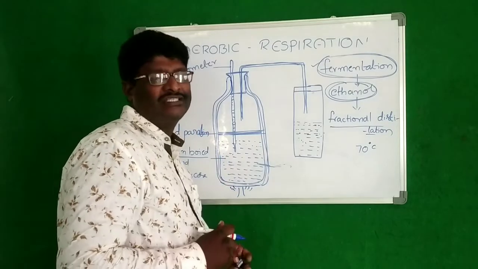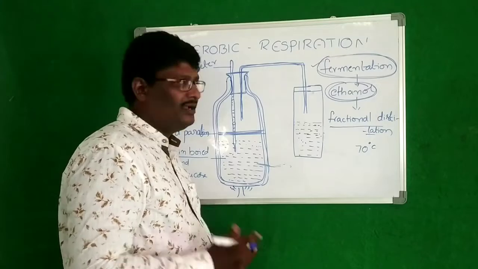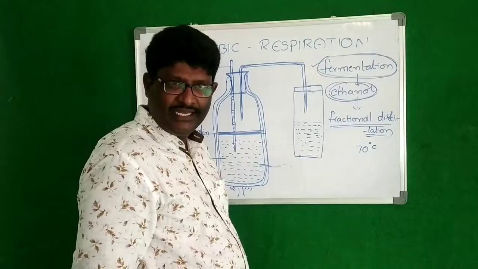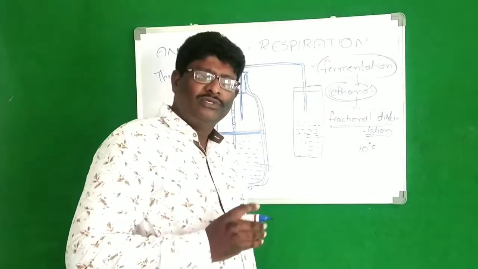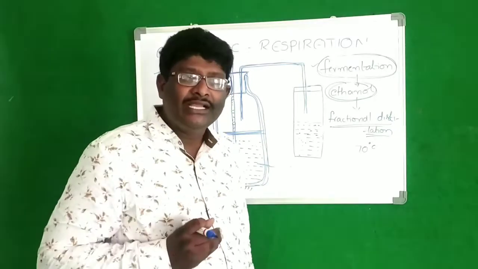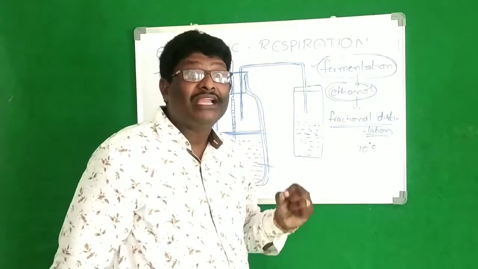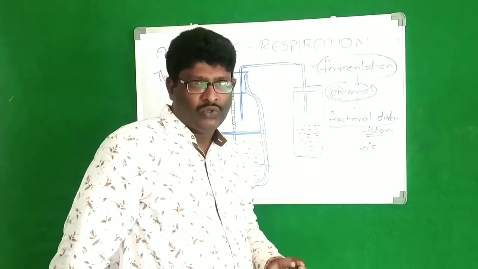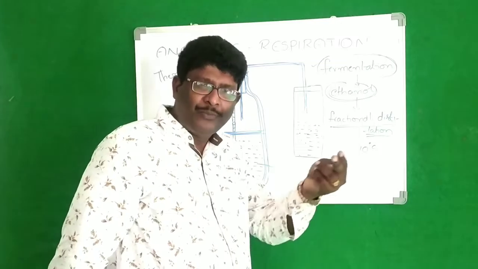For that there is a process called fractional distillation. From petroleum, so many products are taken out. How are they taken out? By this process only, fractional distillation. From petroleum, petrol, coal tar, so many products come out.